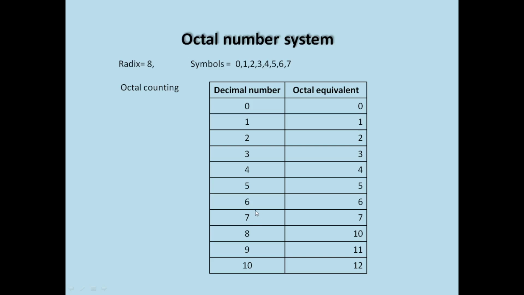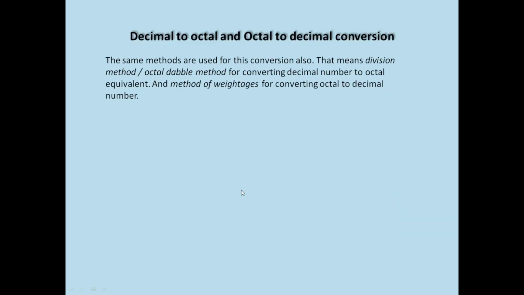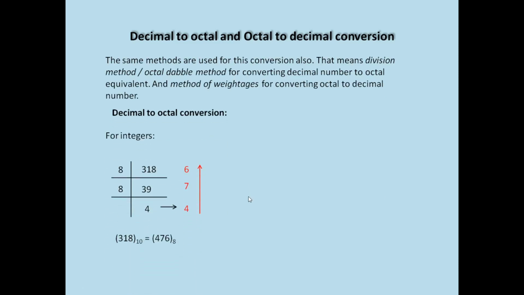Similarly here, to convert a given decimal number into its octal equivalent, it will be divided by the radix of the octal number system, that means 8. So let us see an example. The integer part and fraction part of the given decimal number are converted separately.